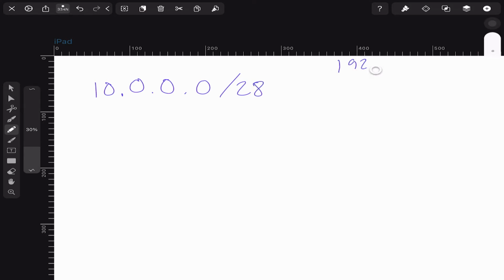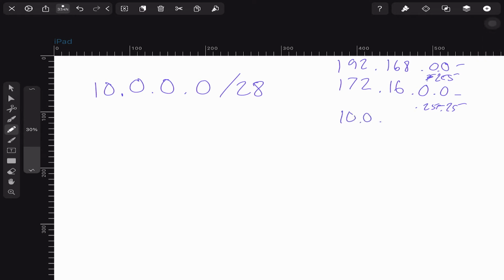and just for reference, 192.168 and 172.16, so the zeros, they go up to 255 if I haven't said it enough.